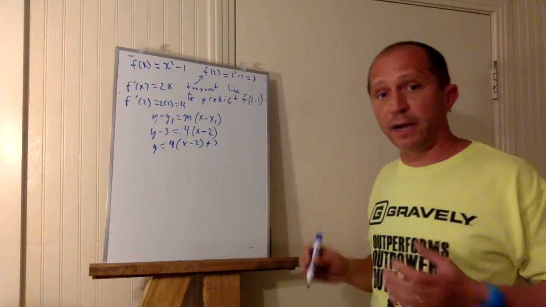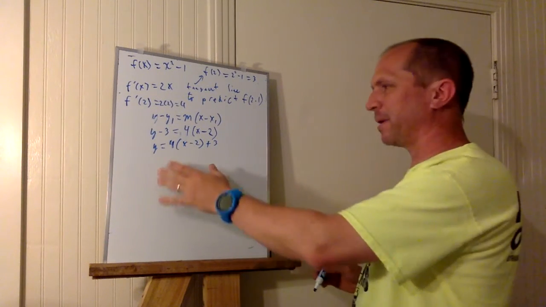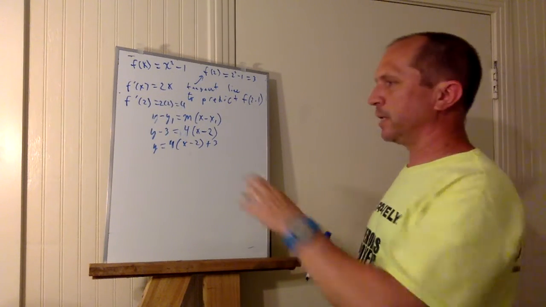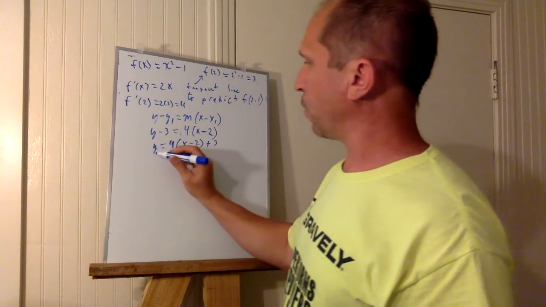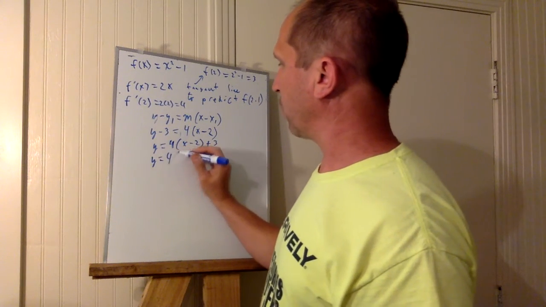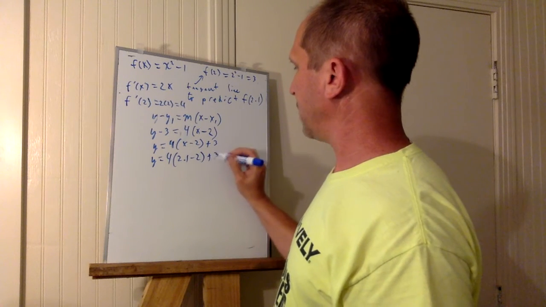Okay, so from here, this is my line. It's not quite in slope-intercept form, but it's pretty close. But I'm going to use this to predict f of 2.1. So I get that y is equal to 4 times 2.1 minus 2, plus 3.